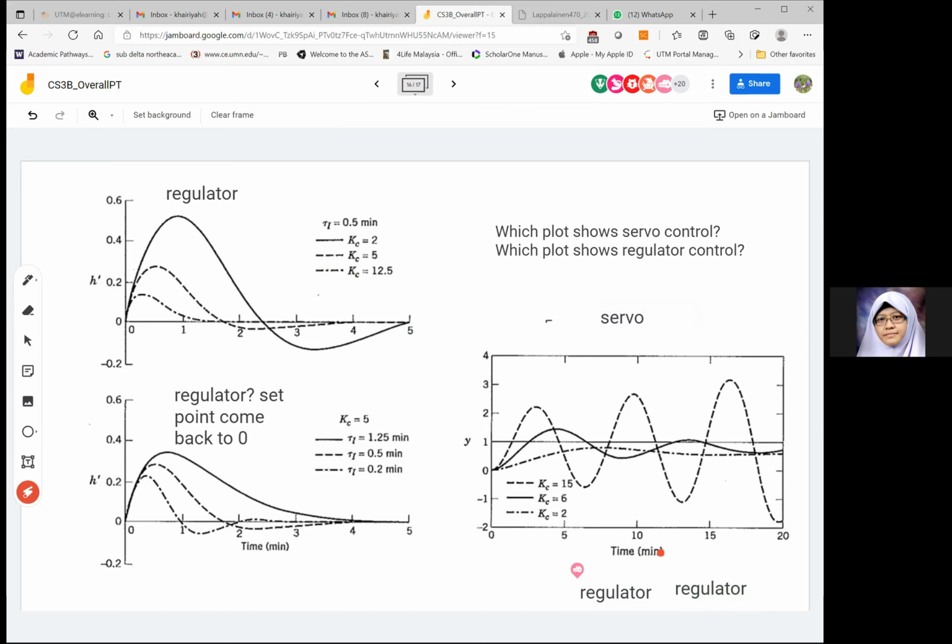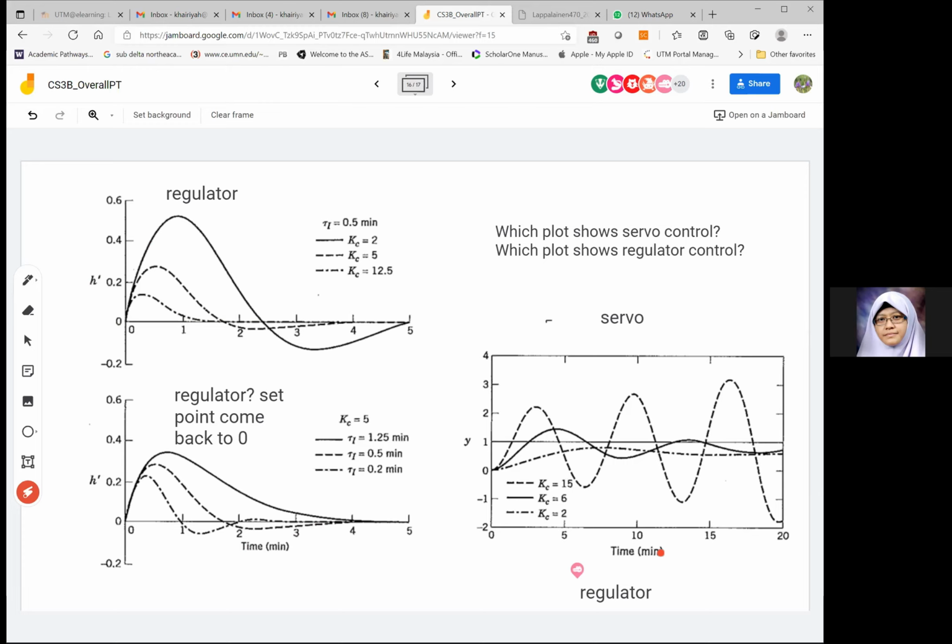You know something is a servo when there's a new set point being set. You know something is regulator when there's no change in set point, but the control variable is moving away from the set point. Yeah, so that means a disturbance has entered the system and disturbed the control variable.